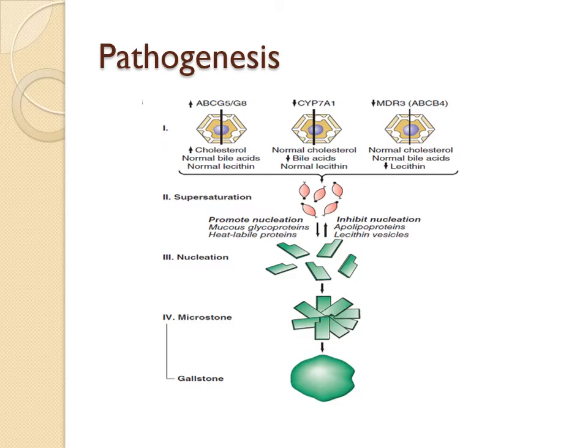For pronucleating proteins, we have your mucous glycoproteins and heat-labile proteins, while your anti-nucleating proteins are your apolipoproteins and lecithin vesicles. So any imbalance between the pro and anti-nucleating proteins can lead to nucleation of your vesicles, and the nucleation of your vesicles would lead to microstone formation and eventually gallstone formation.